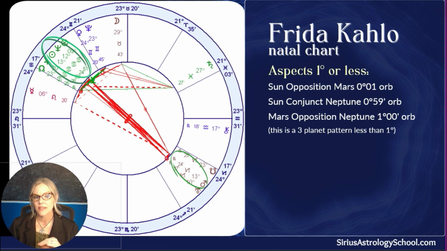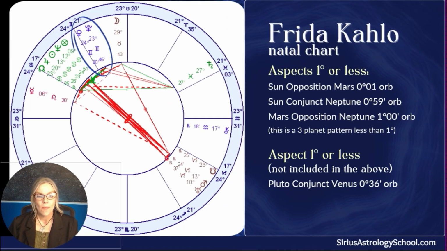A lot of people don't even have an aspect that is a degree or less. I shouldn't say most, as I don't know the statistic, but a lot of people don't even have an aspect of a degree or less in their natal chart with 2 planets, let alone 3. And this is 3 planets, so this is really speaking to Frida. So we'll see if she embodies that.